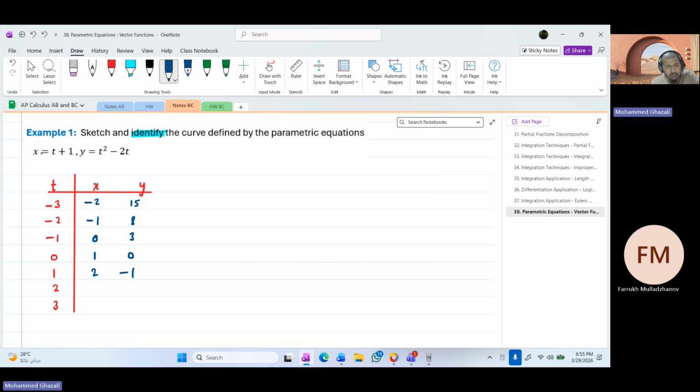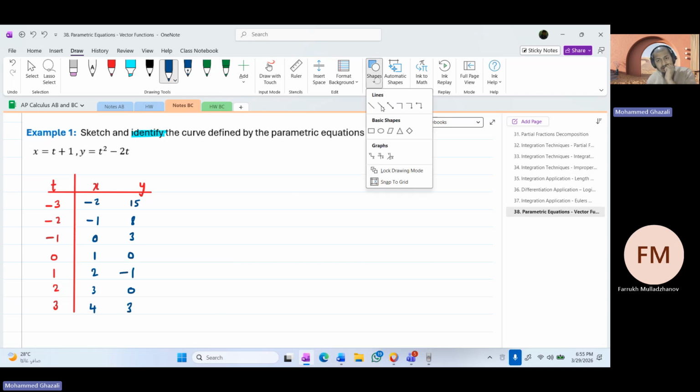If the value is 2, that is going to give me 3, and 2 squared, which is 4. 4 minus 4 is 0, correct? If the value is 3, then that will be 4. 3 squared is 9. 9 minus 6 is 3. So these are the coordinates that you need to sketch, okay?